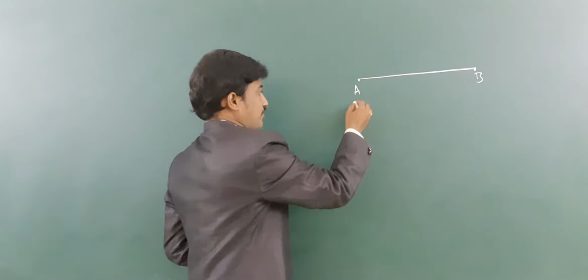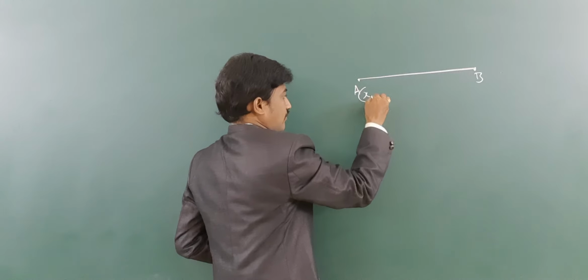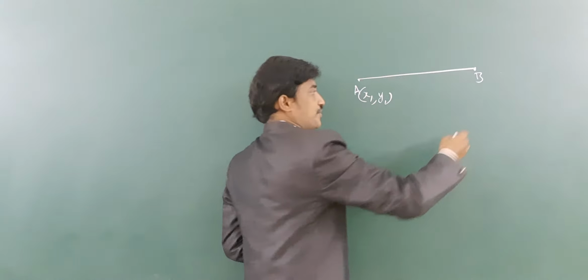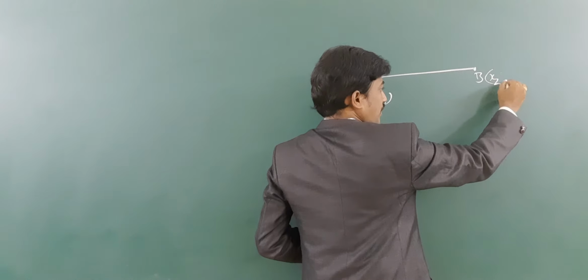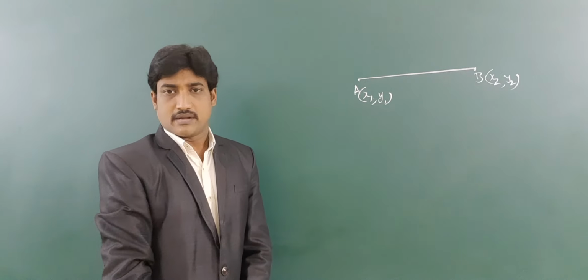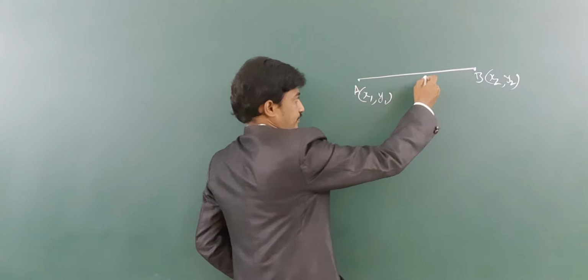A is the point with ordered pair (x1, y1). Point B is denoted with ordered pair (x2, y2). And there is a point P.